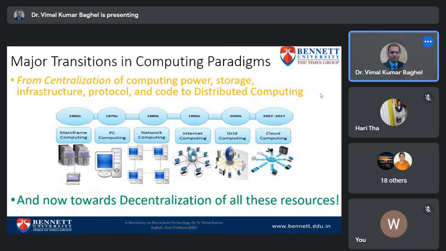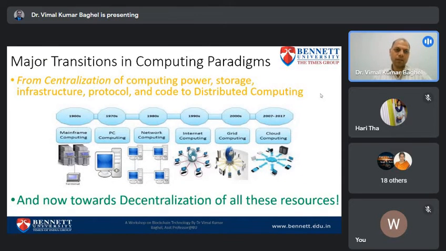Right. We have witnessed many transitions in the computing paradigm. We started with mainframe computing for computing-intensive applications, when different applications required very strong processing power or resources. In the beginning, we were majorly bound to mainframe computers.